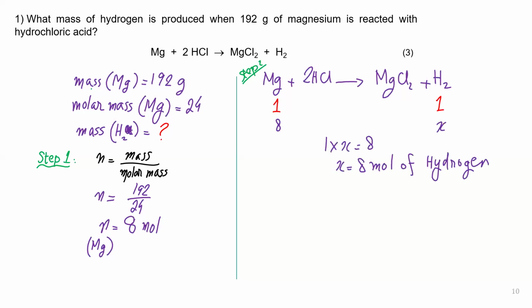Then now when magnesium has 8 moles, how many moles of hydrogen will there be? The ratio is 1:1. So magnesium is 8, so logically, hydrogen will also be 8. Can you understand it?